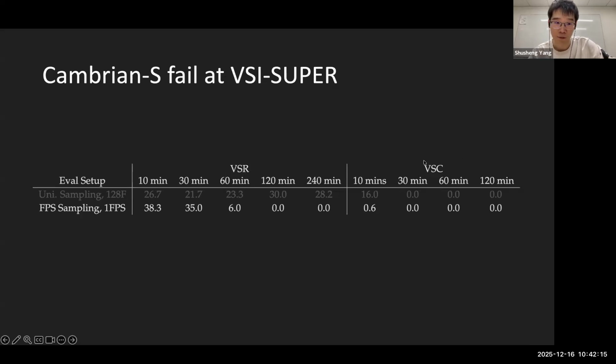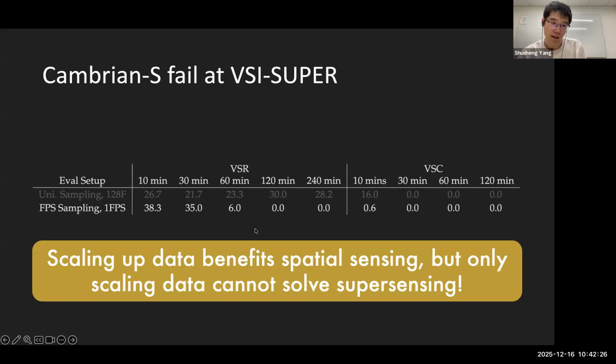And for the VSI-SUPER counting task, the performance is all around 0. So this tells us scaling up the data can benefit spatial sensing, but only scaling data cannot solve spatial supersensing.